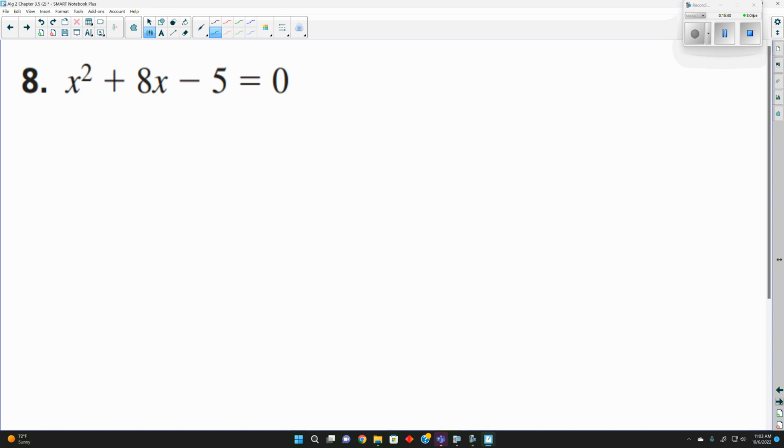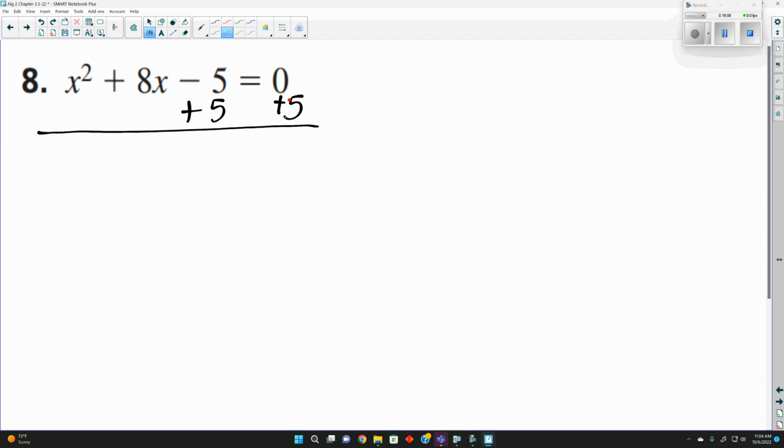Let's look at the next one. Okay, we have x squared plus 8x minus 5. So a is 1, so that takes care of step 1. Step 2, get the constant term by itself and leave 2 spaces. So we wouldn't subtract 8, we'd add 5.